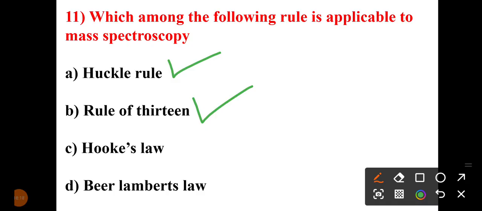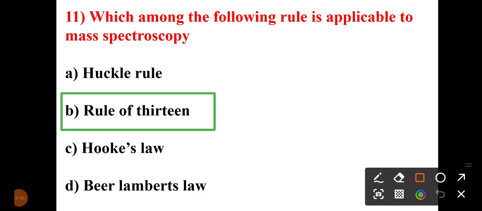Hooke's law we saw previously in IR spectroscopy for calculating vibrational frequencies. Beer-Lambert's law says absorption is directly proportional to the concentration and the path length, and it is related to UV spectroscopy. So the correct answer is the rule of 13, which is related to mass spectroscopy.